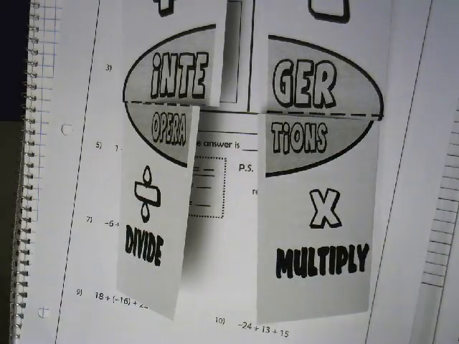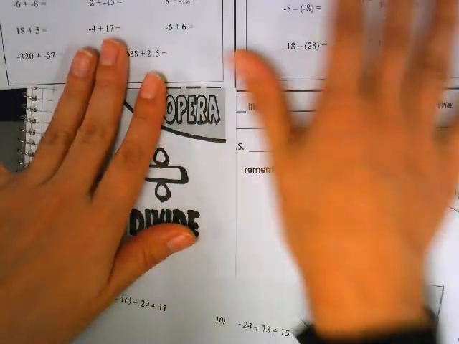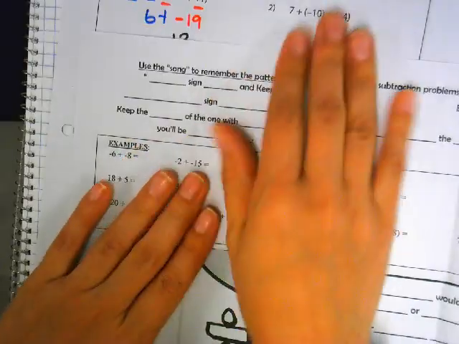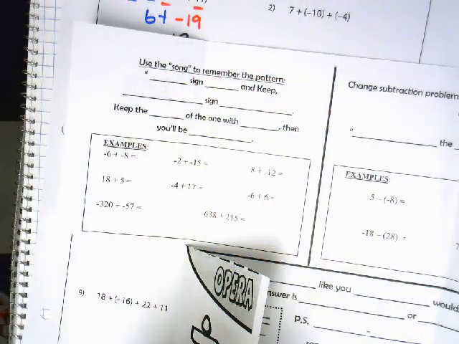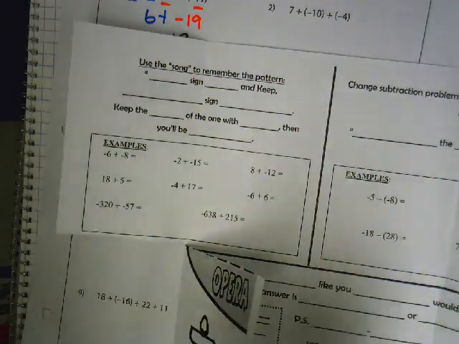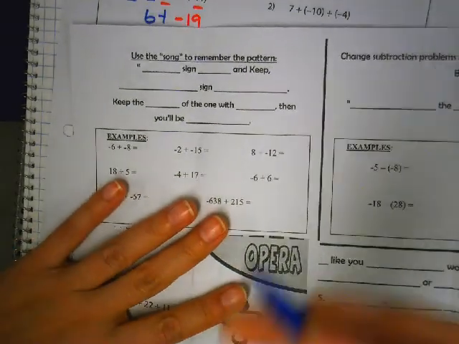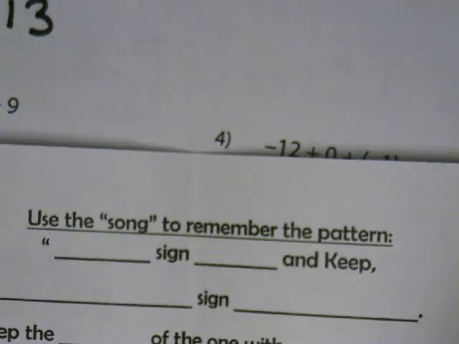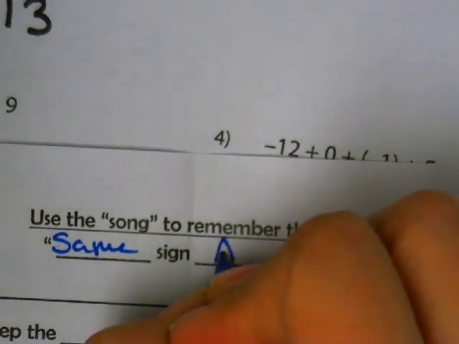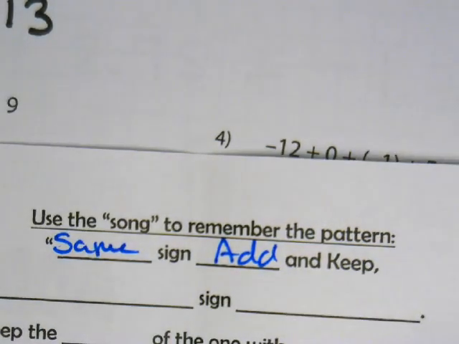All right, here we go. Everyone's favorite song. Use a song to remember the pattern. Blank, sign, blank, and keep. What do you think goes? Same sign. Good job. Same sign, add and keep.